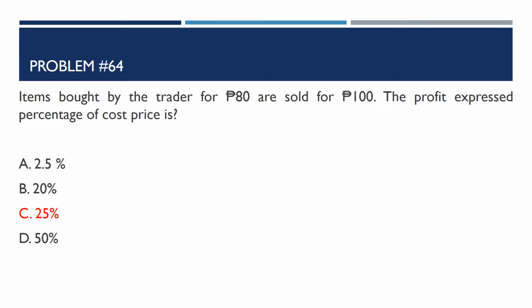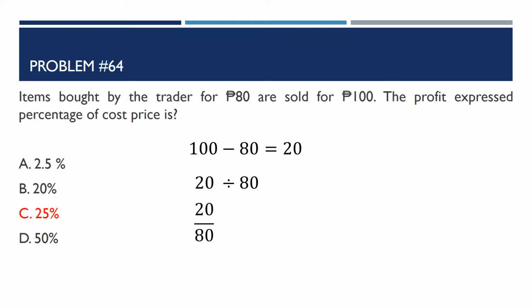First, we are going to find the profit for each item. We're going to subtract 100 minus 80, which is the original price. And so it increased by 20 pesos. Now to know the percentage of the profit, we're going to divide this increase, 20, by the original price. So 20 divided by 80.